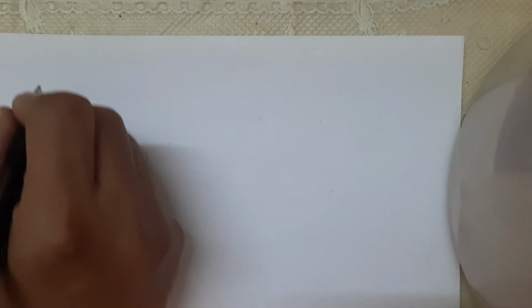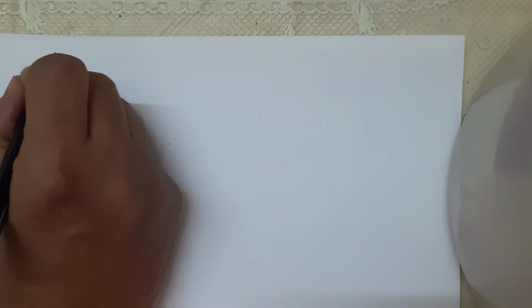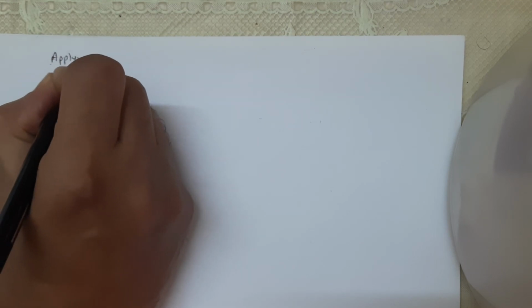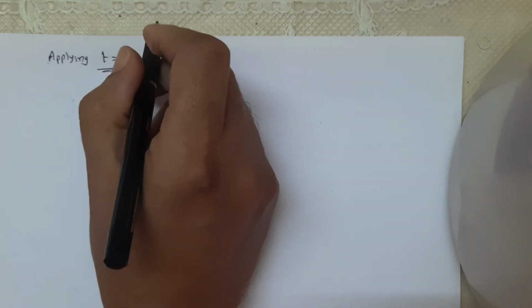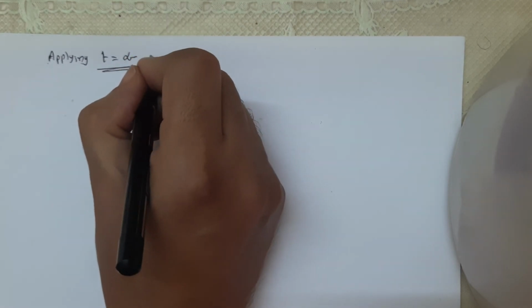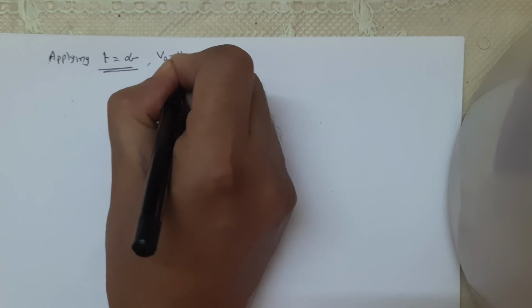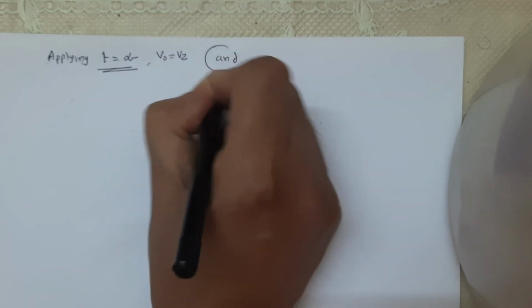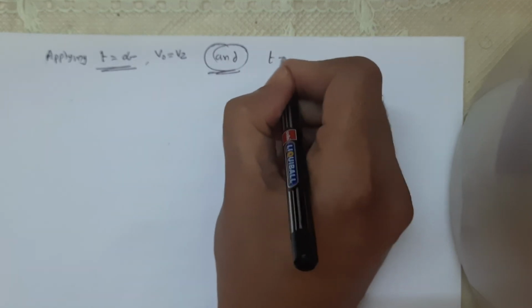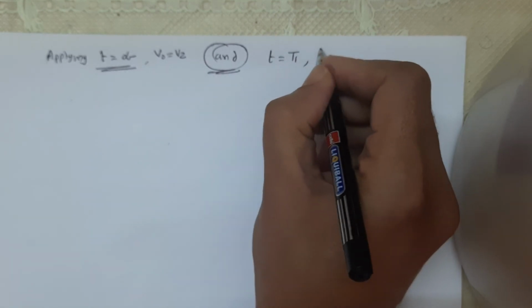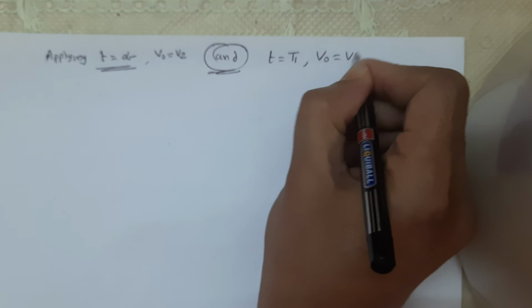I repeat, applying t equal to infinite, at that time Vo is equal to V2, and t equal to T1, then Vo is equal to V1 dash.